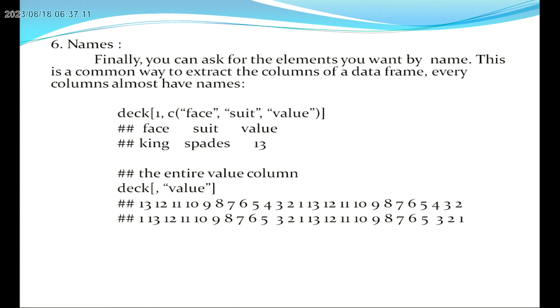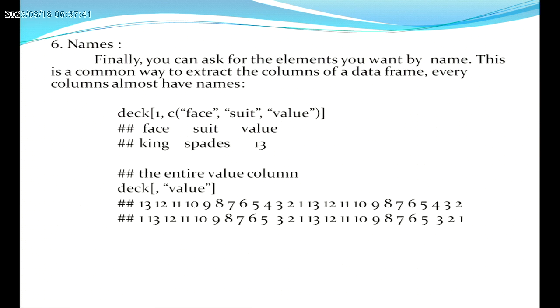Another one is names. You can ask for the elements you want by name. This is a column where we extract a column of the data frame. Every column almost has a name. The name face, suit, value is the name of the columns of the data frame, as I already told.